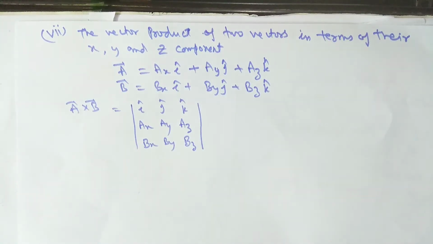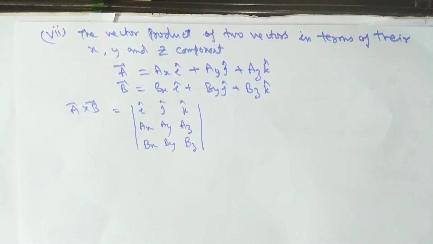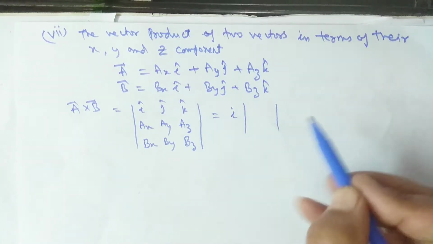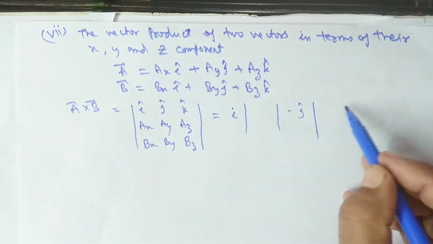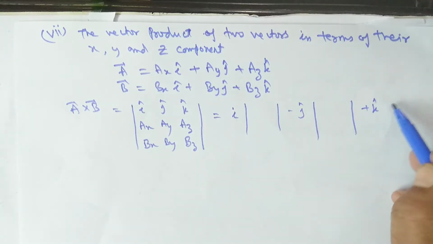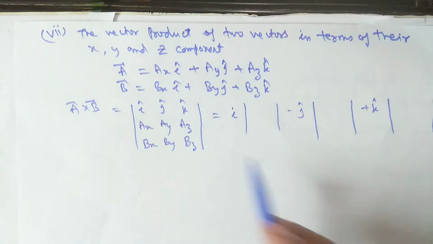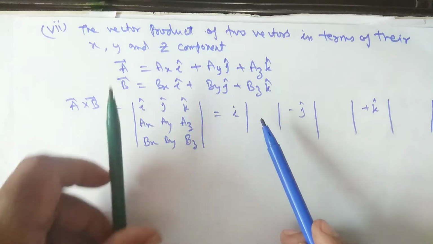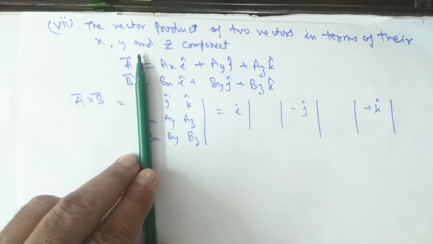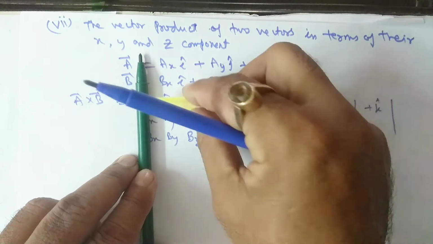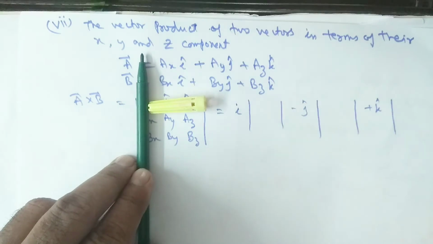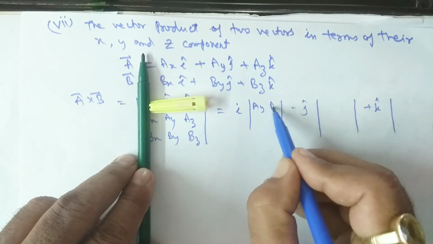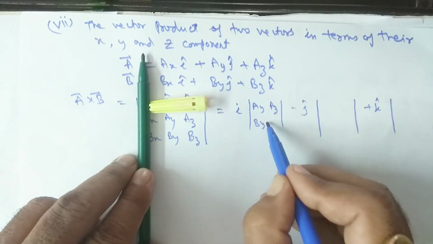Now the question arises, how will we solve this? Remember plus I, minus J and plus K. To fill this, hide the row and column of I, and you can see Ay, Az, By, Bz.